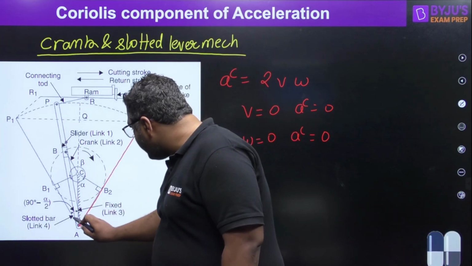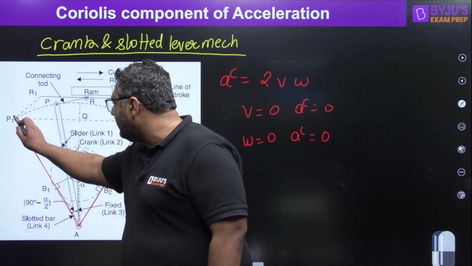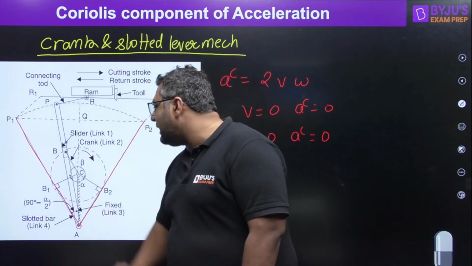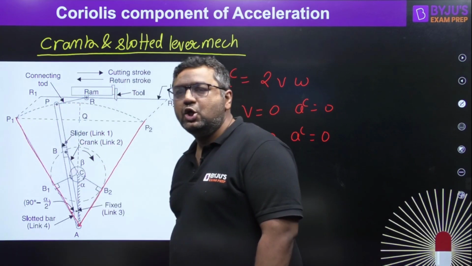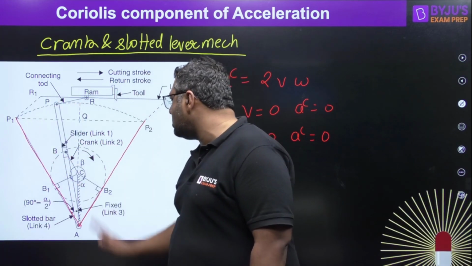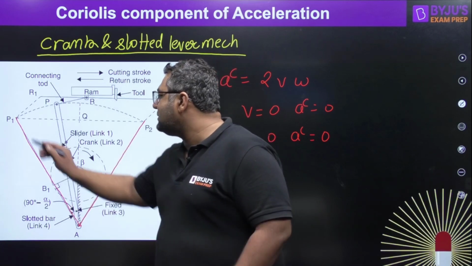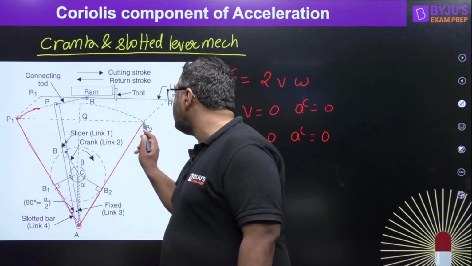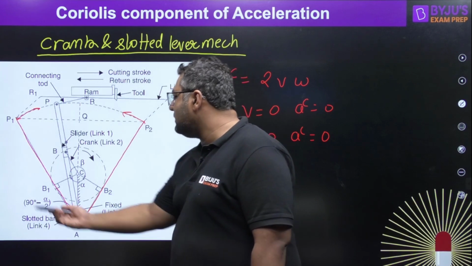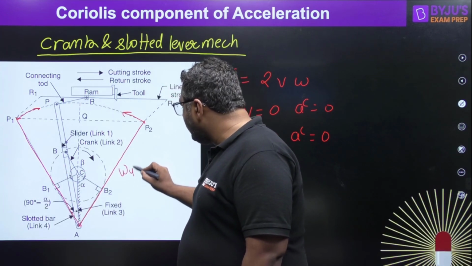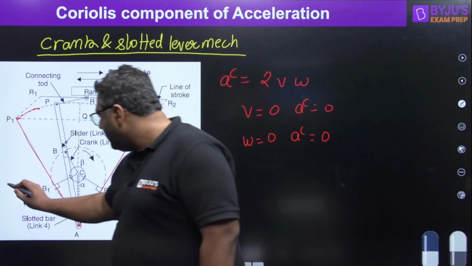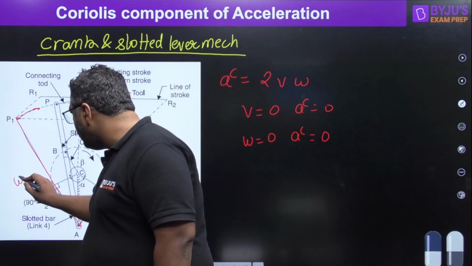When the slotted bar is at its extreme, because the slotted bar has the motion like this and that. So when the slotted bar is at this position or at this position, it is about to change the direction of motion. At this position, we would have omega 4 to be 0. Here also we would have omega 4 to be 0.